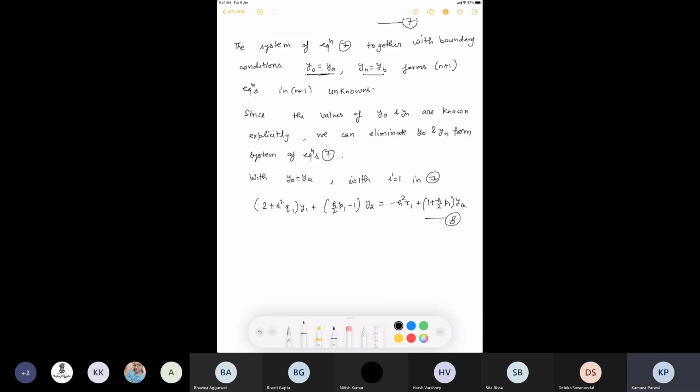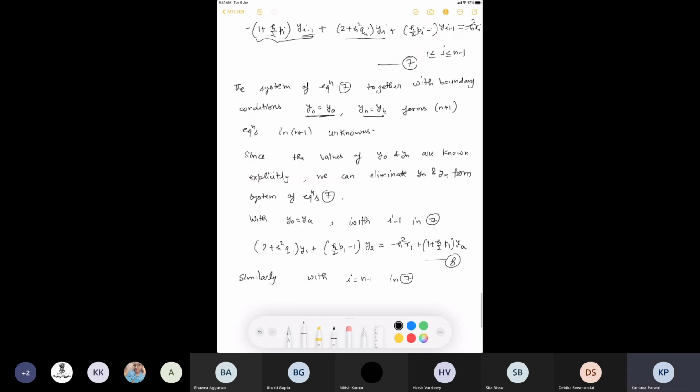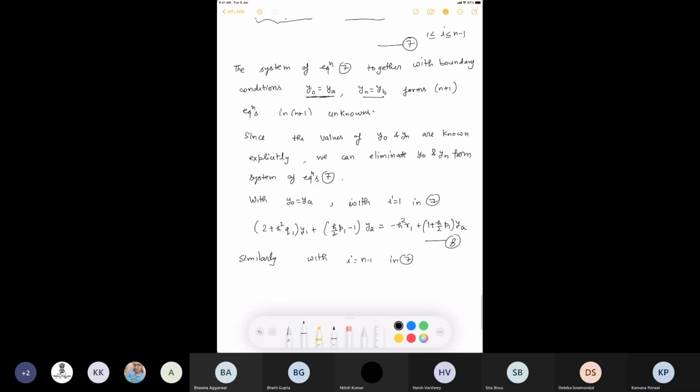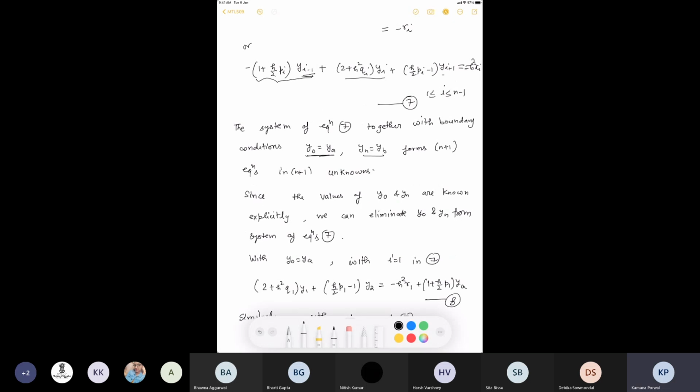And then if we take I is equal to n minus 1 in this equation 7, the last entry will yield yn. So this term I'm going to take to the right hand side.